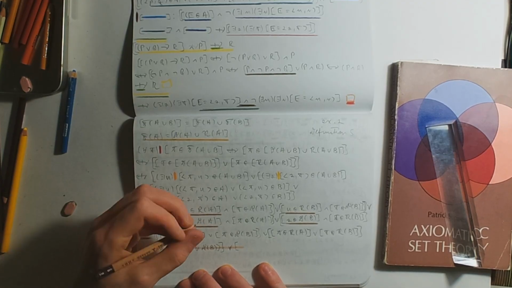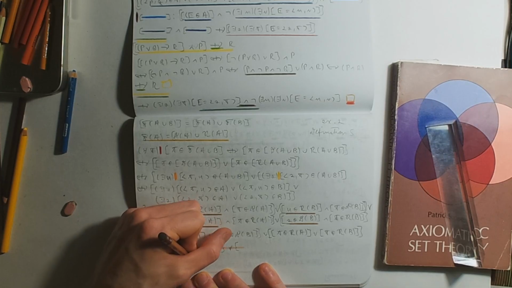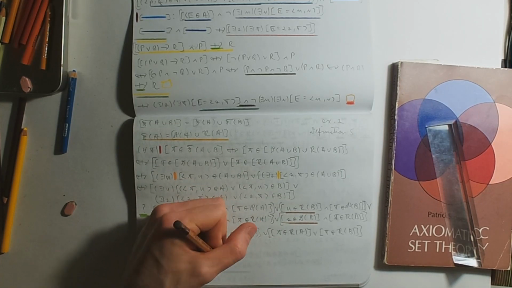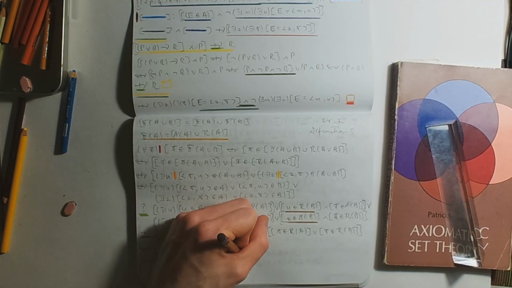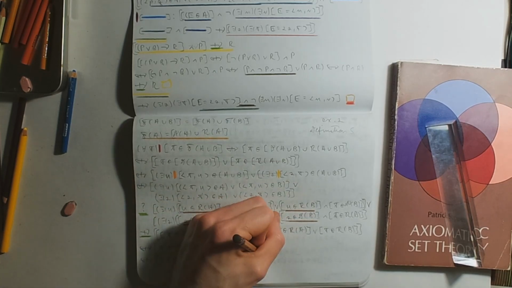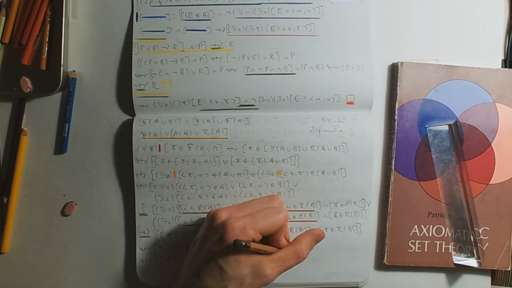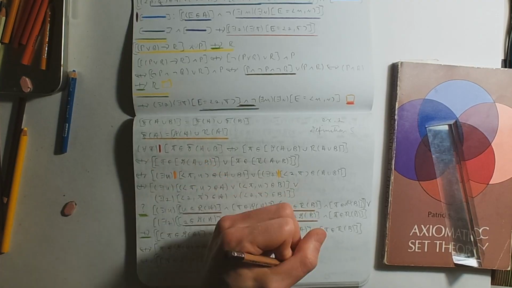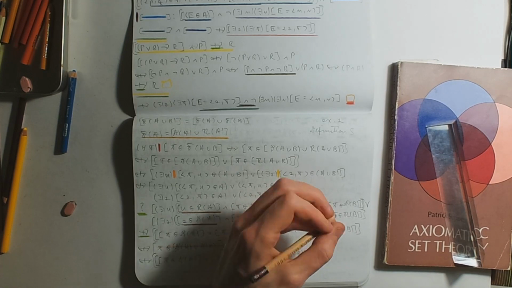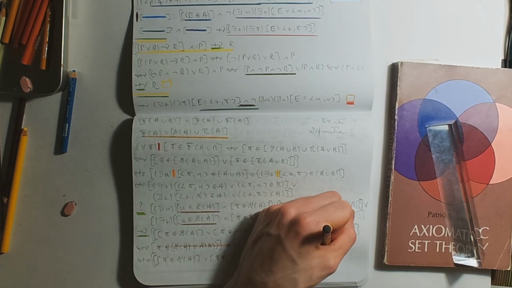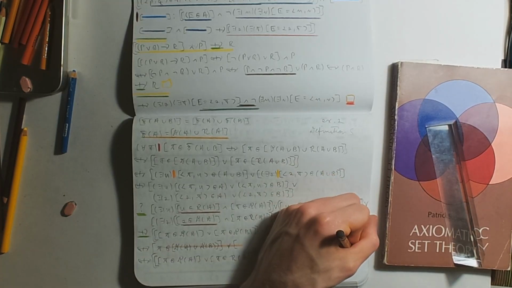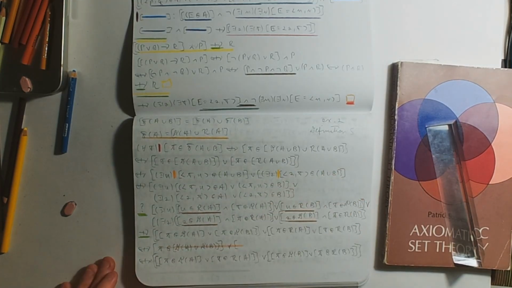T is an element of the domain of A, or T is an element of the range of A, or T is an element of the domain of B, or T is an element of the range of B. Okay.